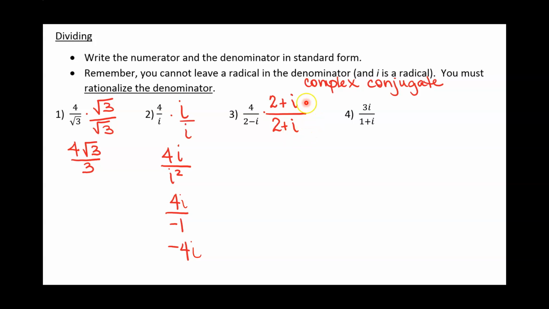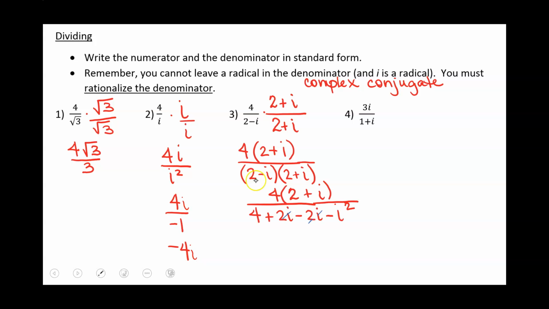What you do to the bottom, you've got to do to the top, right? So let's go ahead and multiply. In our numerator, I'm going to leave this alone for just a second, but let's multiply our denominator. When we multiplied this a moment ago, we FOILed. So let's do that same thing. 2 times 2 is 4. 2 times i is 2i. 2 times negative i is negative 2i.